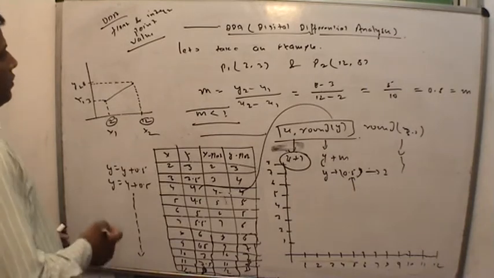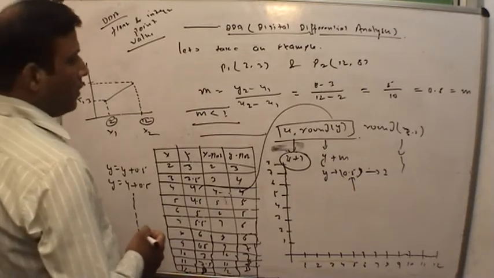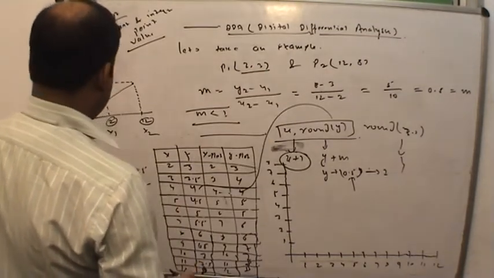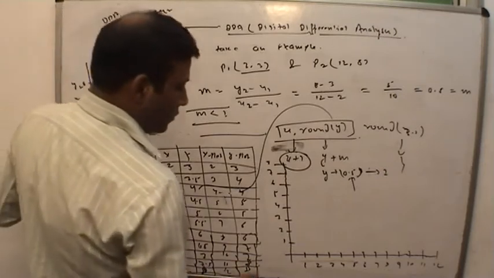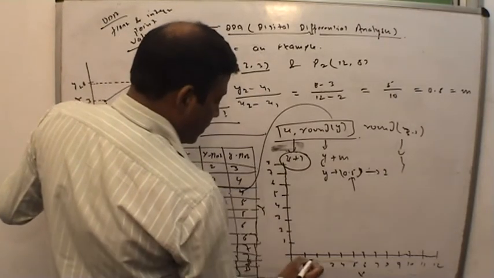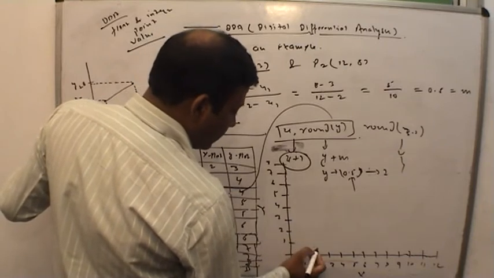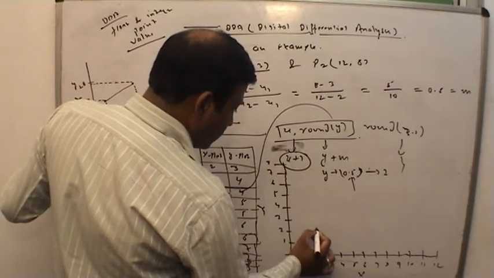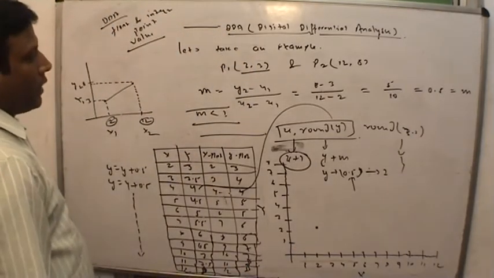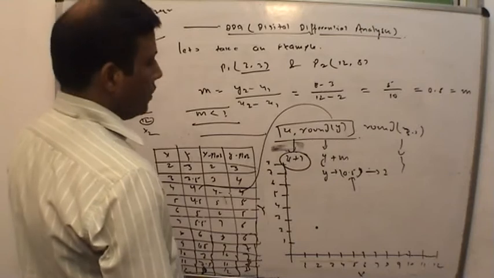The first initial value is (2, 3), where x is 2 and y is 3. And the last plotting value is (12, 8).